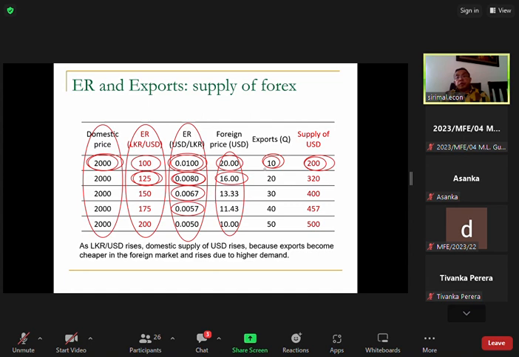So now if our commodity becomes cheaper in their market, they can increase what they want to buy, so that they can pay more because the commodity has become cheaper. So they supply more dollars.